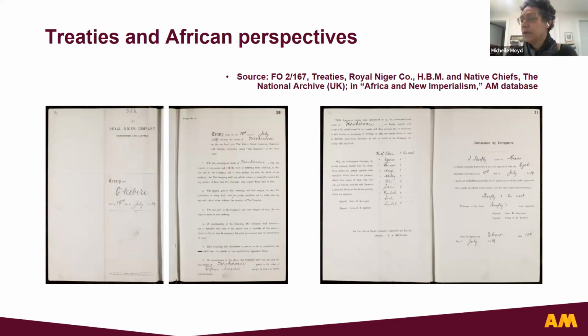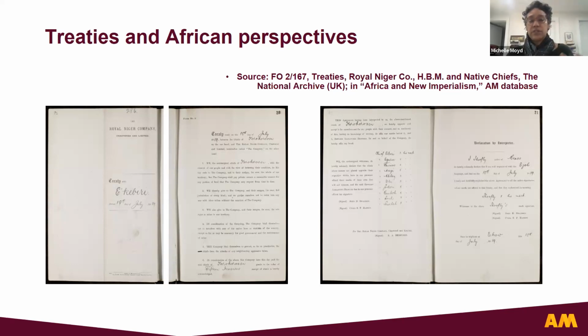Just to show what I found interesting about them. These come from Foreign Office files. These come from the National Archive at Kew in the UK, and it's the series FO, Foreign Office. It's a file called Treaties, Royal Niger Company, HBM, and Native Chiefs.